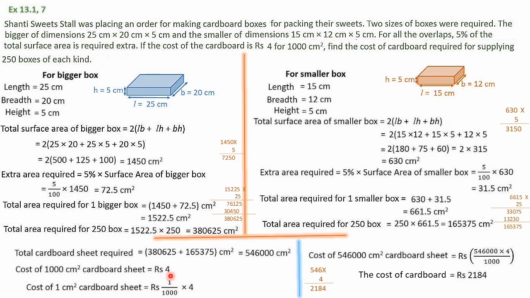That is 4 divided by 1000. Then that 4 divided by 1000 you have to multiply with 5,46,000 centimeter square of area. So 5,46,000 into 4 by 1000. When you do the calculation, you will get the final answer as 2184.